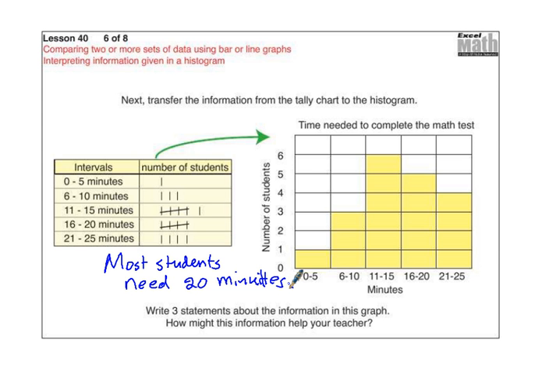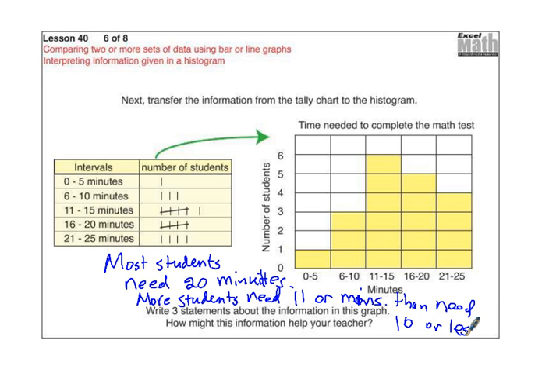I would also say that more students need 11 or more minutes than need 10 or less.